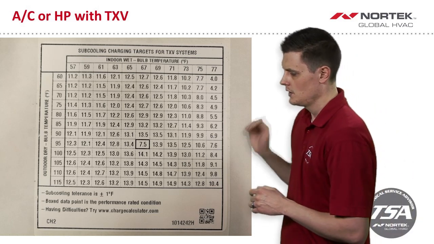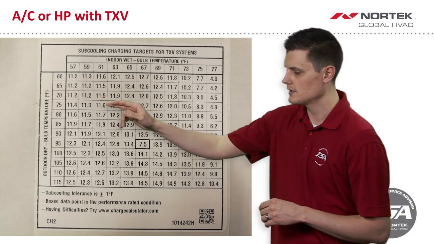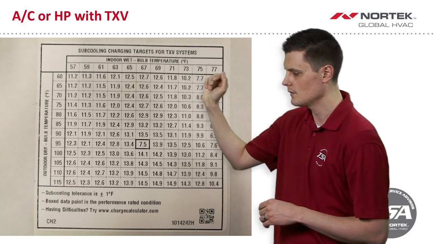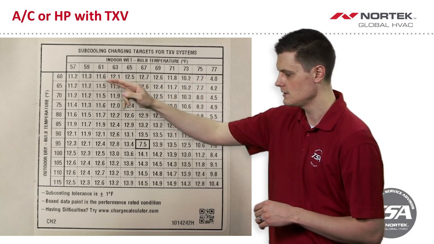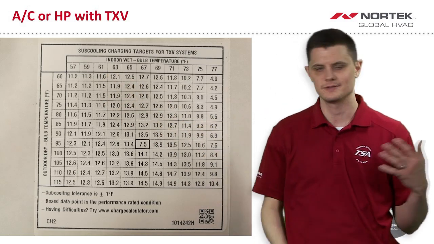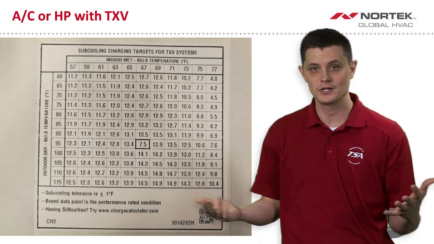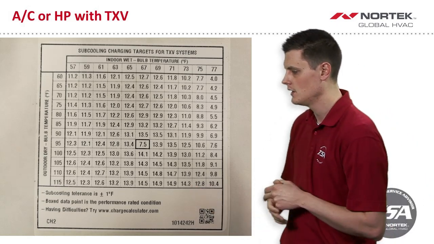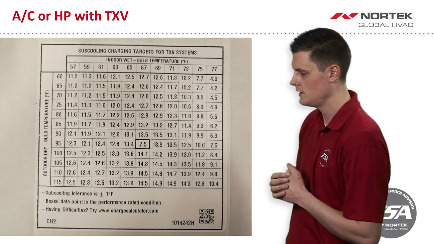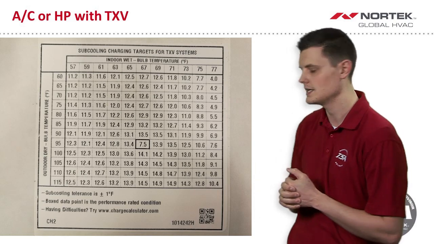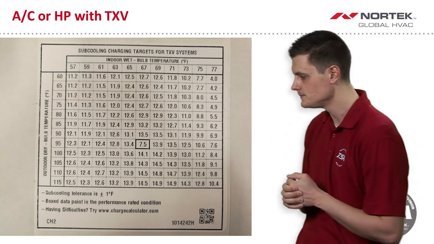So if it's 75 degrees outside and we've got an indoor wet bulb of about 61, we should be at about 11 to 12 degrees of subcooling. So that's that for the TXV, for an AC, for example, with the TXV on the indoor.